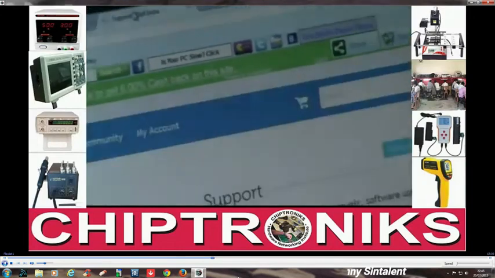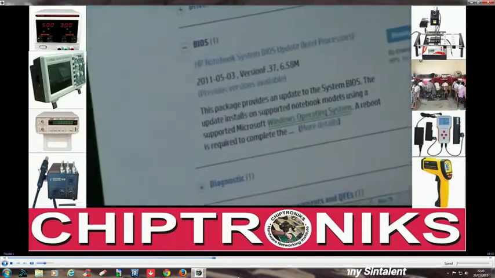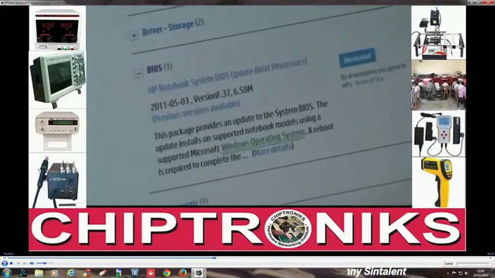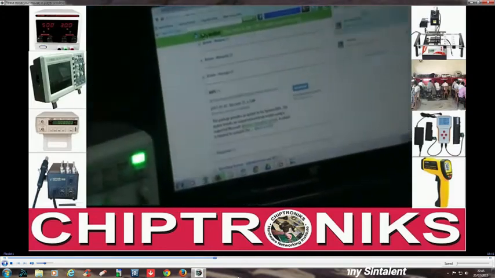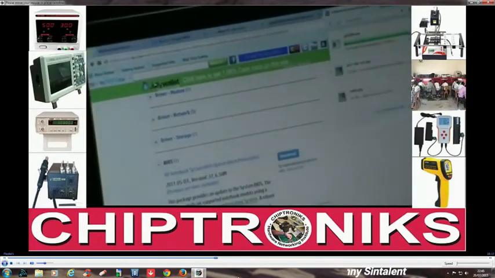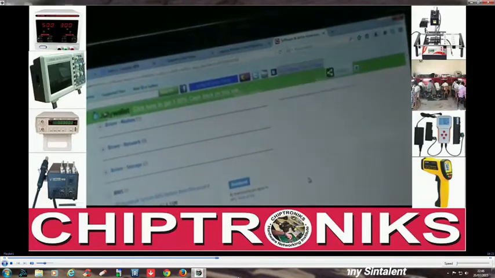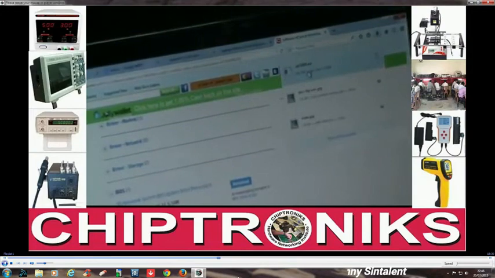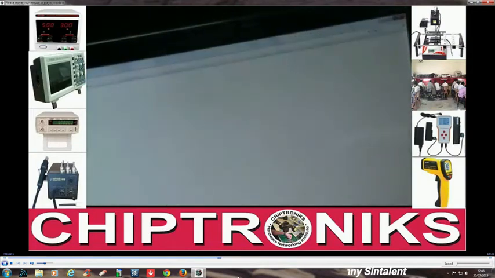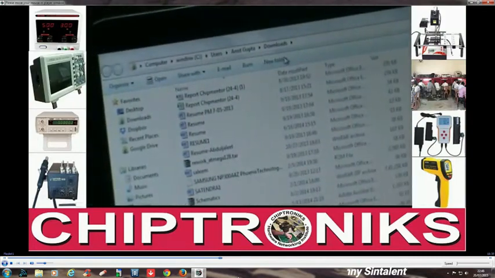And I'll show you one more thing. The BIOS file is downloading. Okay, now the file is here. Open. This is the file.